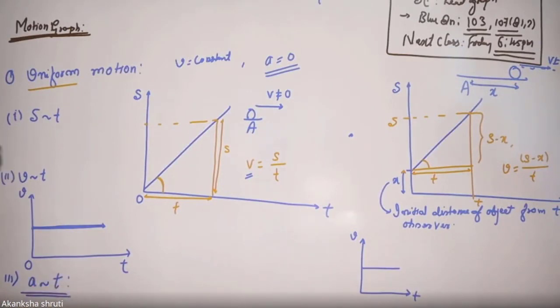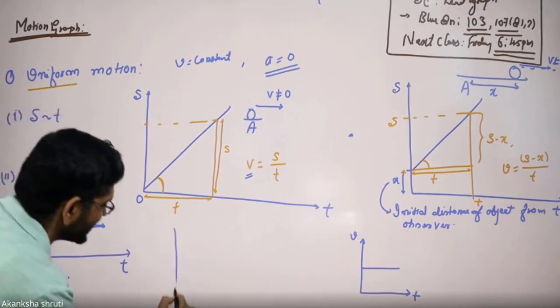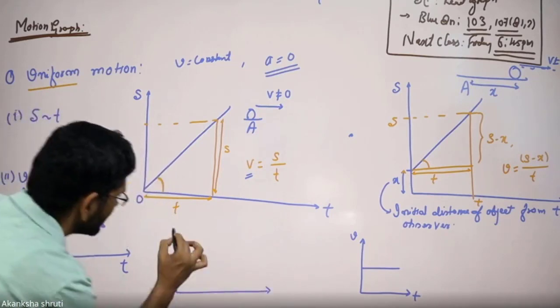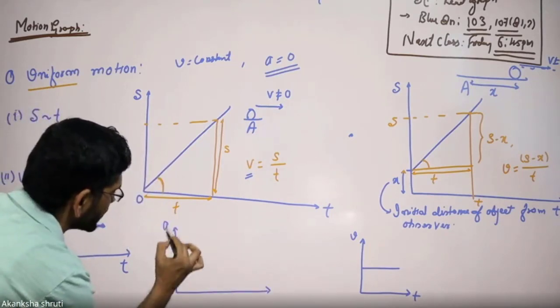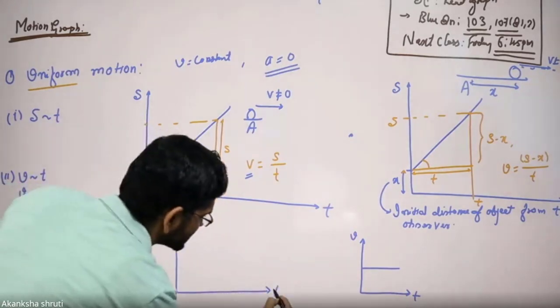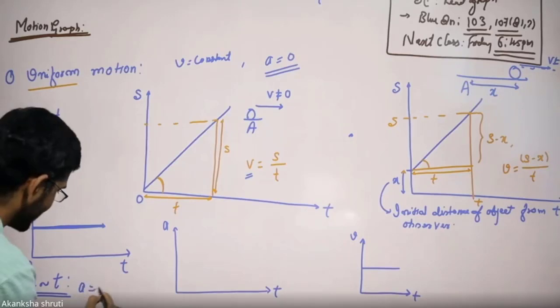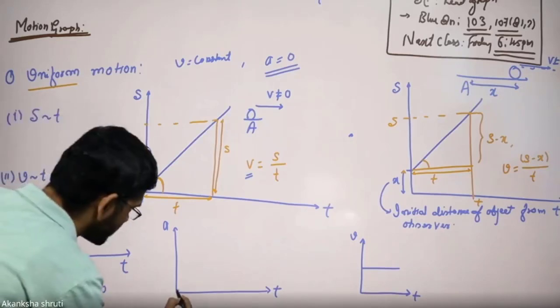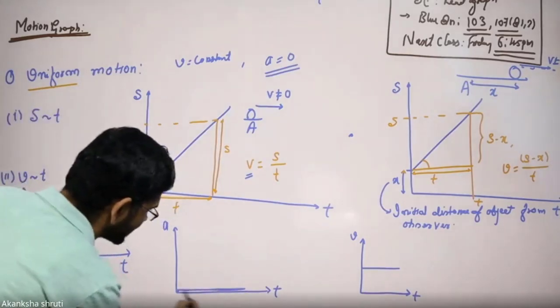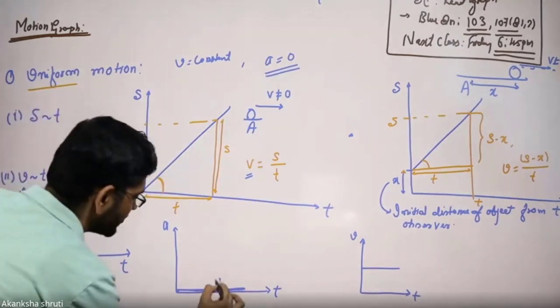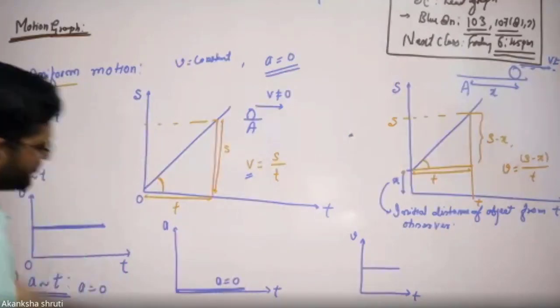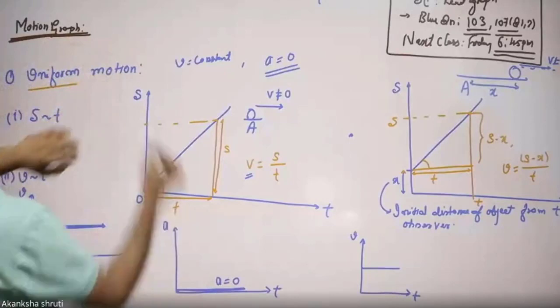For the acceleration time graph, we need to plot A on the vertical axis, T on the horizontal axis. In this case, we are getting that acceleration is 0. So this is the point where acceleration is 0, and acceleration always remains 0. So acceleration is 0 for the uniform motion.